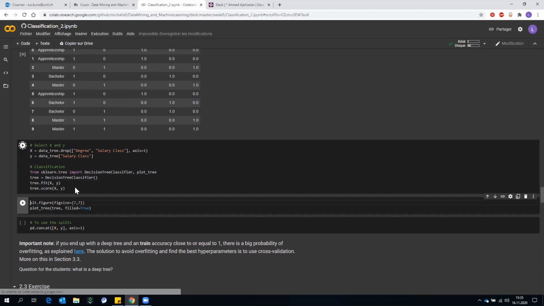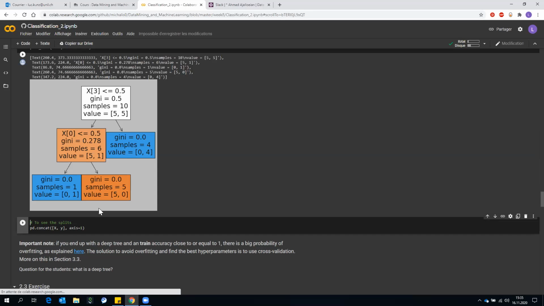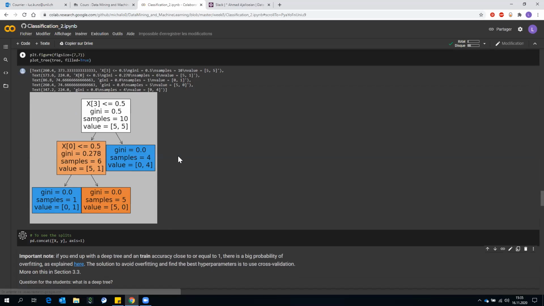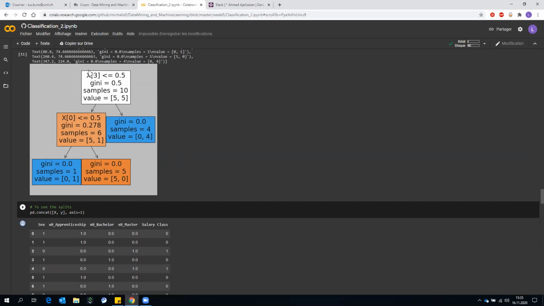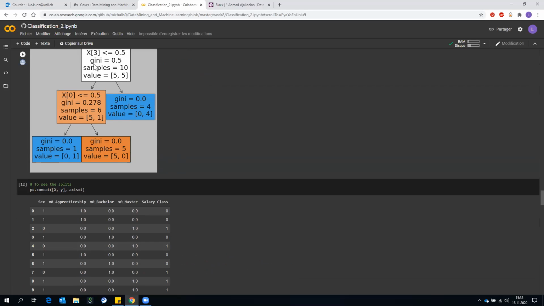Okay, let's run this. So we have, as I mentioned, an accuracy of 1, because we can do a perfect classification in this case, because it's a basic example. And as we saw, if I also run this, it takes x[3], the index 3 of x is 0, 1, 2, 3. This one, the master. If the master is below 0.5, it goes further, and if it's above, it classifies it in the first class.